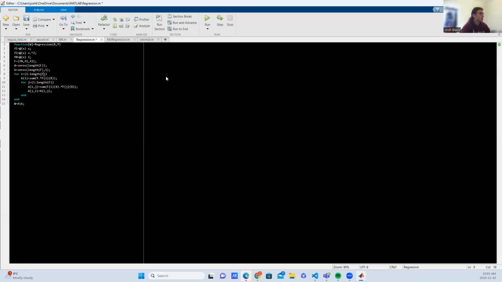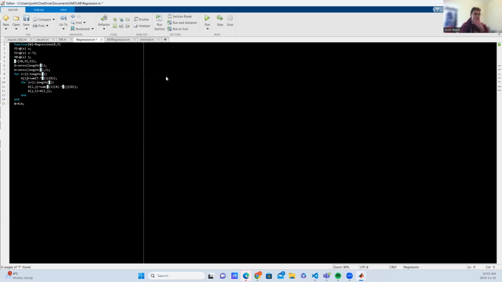All right, from here, we're going to do a for loop. Remember what this for loop is going to do: it's going to propagate the upper triangle of the matrix, and we're going to do a little bit of a trick to also propagate the lower triangle. Remember, this is important because our regression matrix is always going to be symmetrical. So we have for I equal to 1 to the length of F. This is going to do every single row.